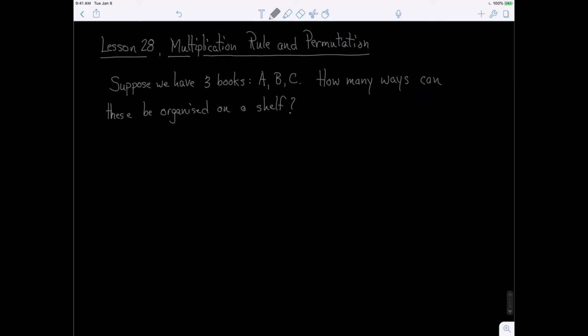Well, let's find out. So what we do is this. I'm going to draw, this is a funny looking bookshelf, but we have our first slot. Maybe we'll have a second slot. And our third slot.